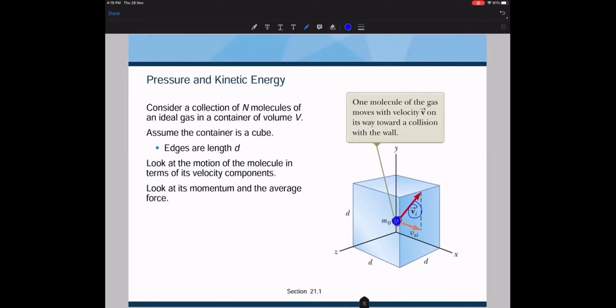Of course, it is in a three-dimensional space, so it could be moving with vi in any direction, but there must be a component vxi, a component vyi, and a component vzi.